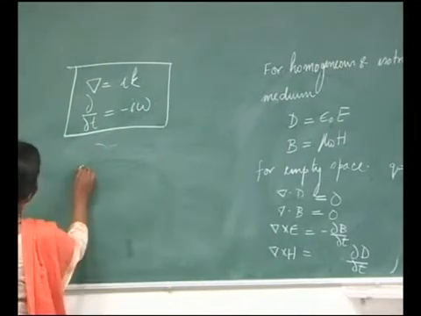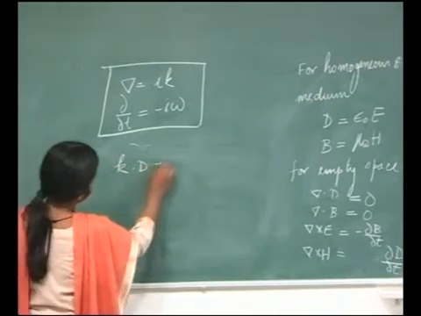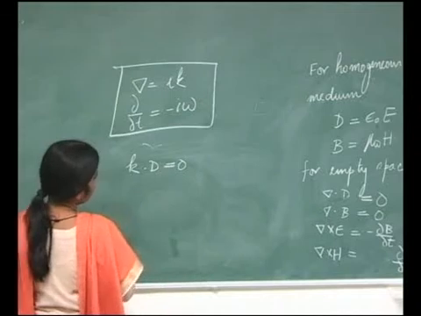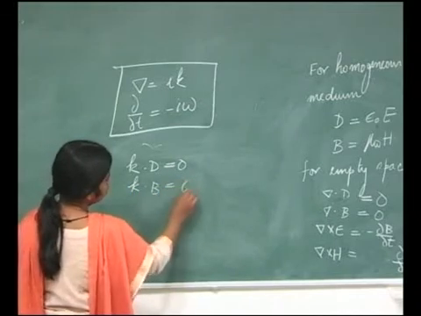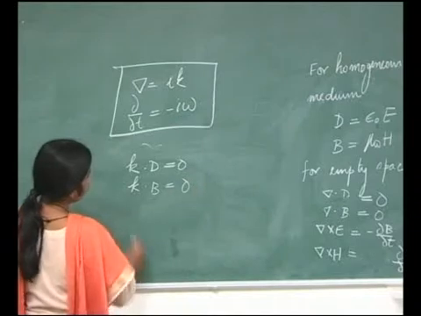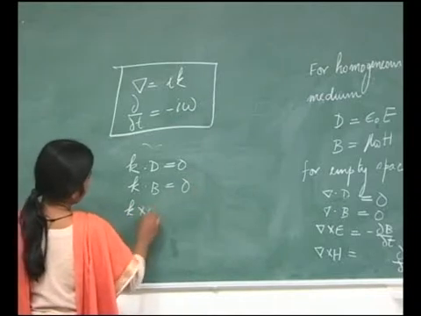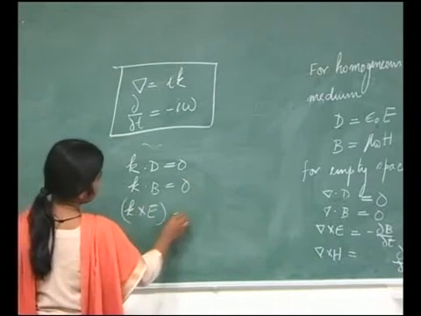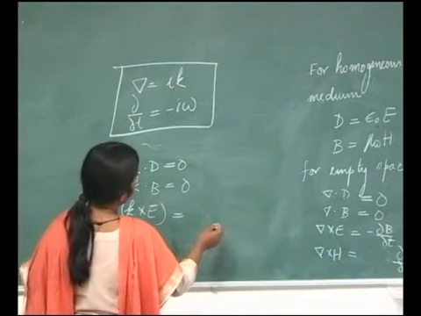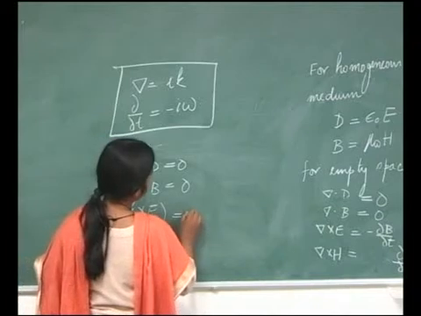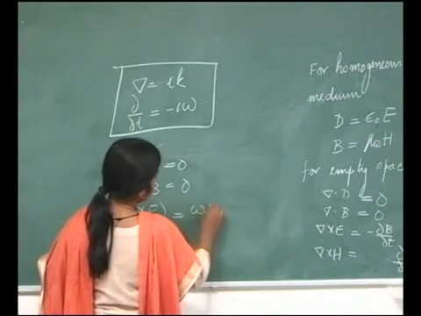So I can write here k dot D is equal to 0, and then k dot B is equal to 0, and del cross B will be k cross E is equal to omega B.